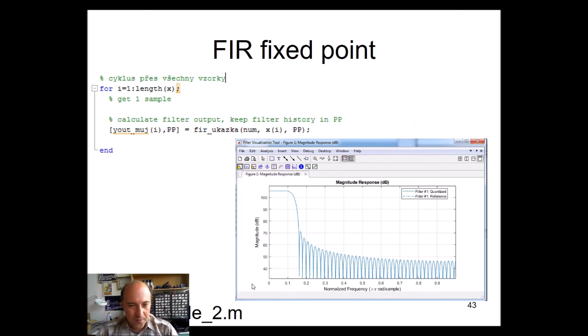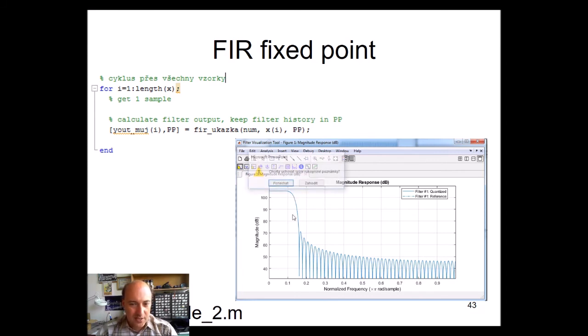What I will do is create also an FIR filter, but I will create it with integer coefficients. So we will see that there will be a difference in the magnitude response because we will have less accurate numbers available.